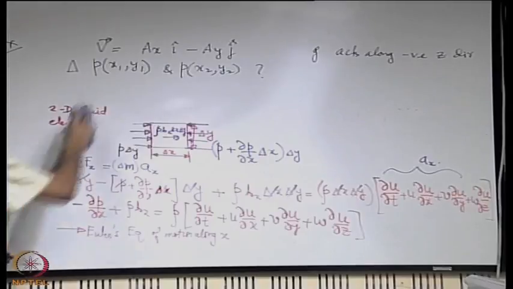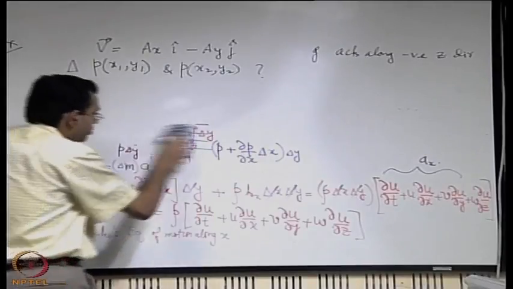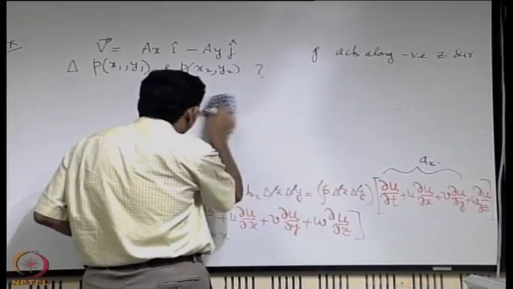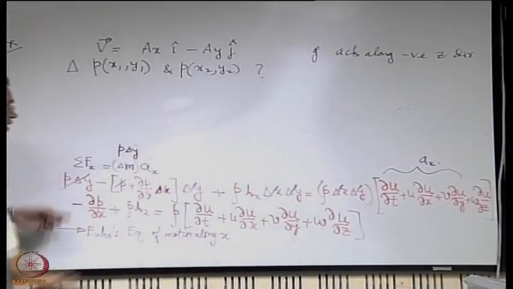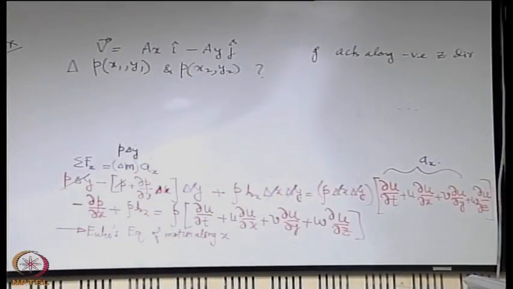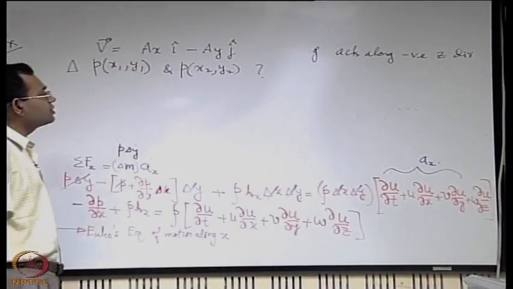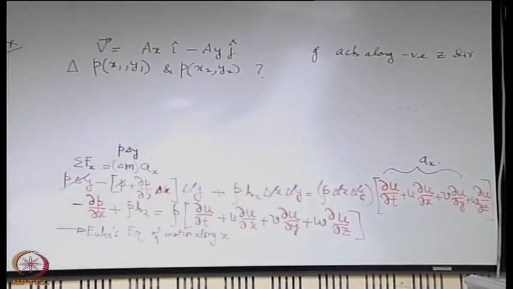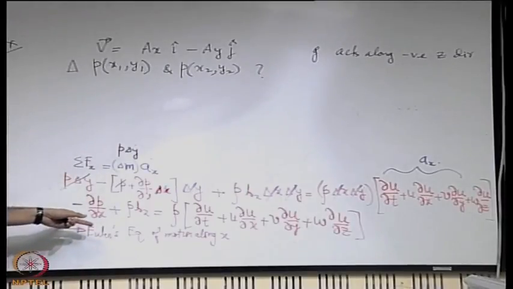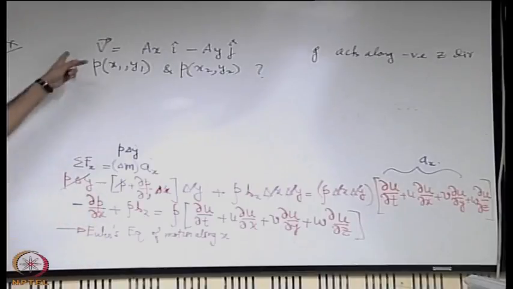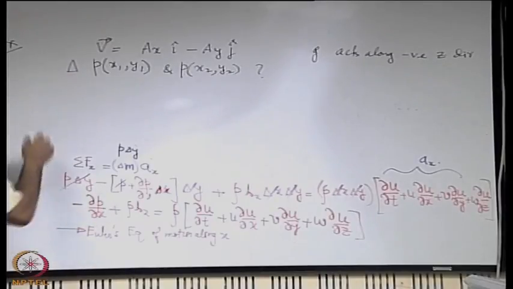The problem is very simple, but it will at least give us some idea of how to make use of this expression. a is not a function of time, so it is a steady flow field. Let us write this Euler's equation along x.